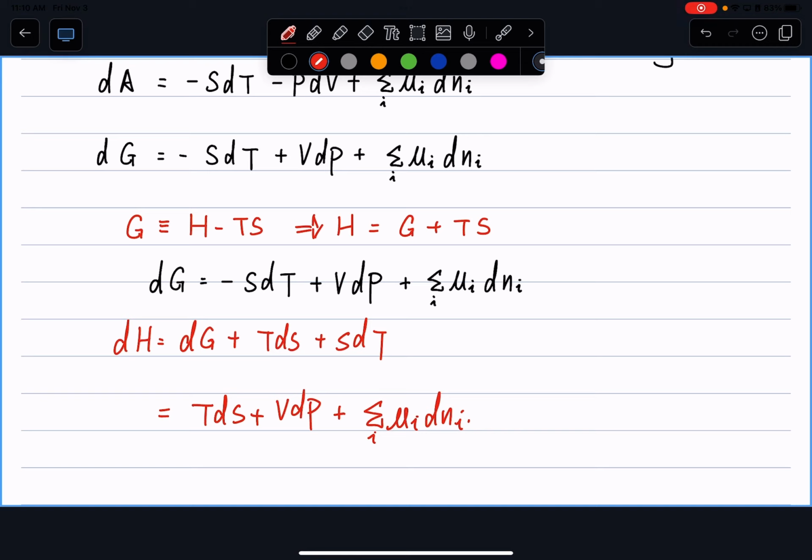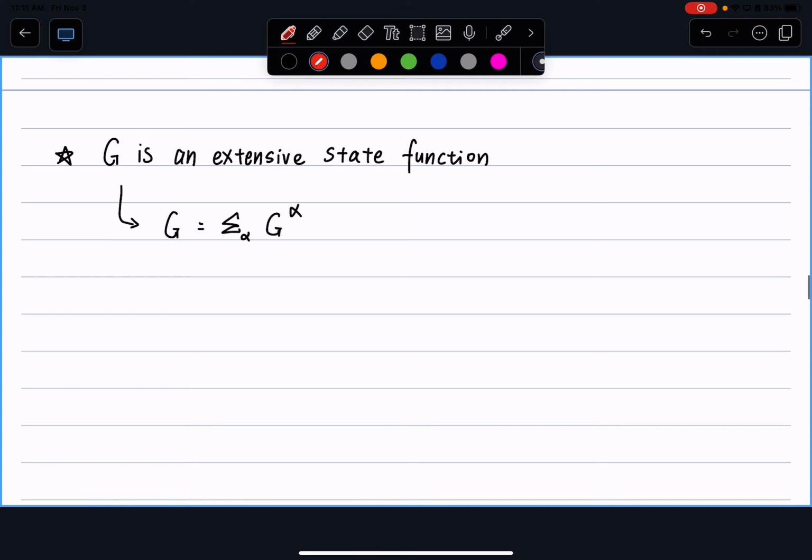Sounds good. Then we talk about chemical potential for just one phase; adding different phases to the system adds a little more complication to this expression. So now the question becomes, what if we have a system with multiple phases? Again, when we're talking about phases, we're talking about liquid, solid, solution, or gas phase.